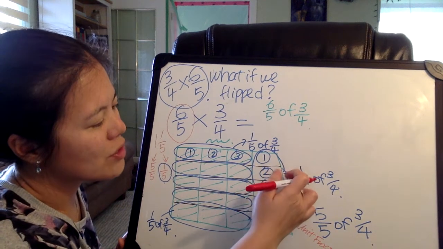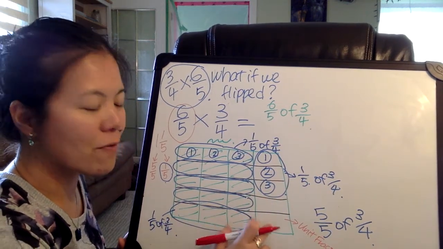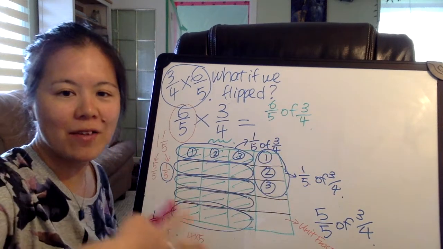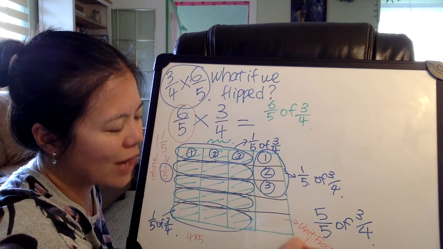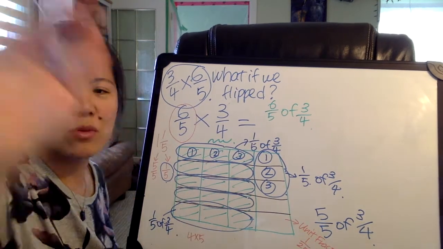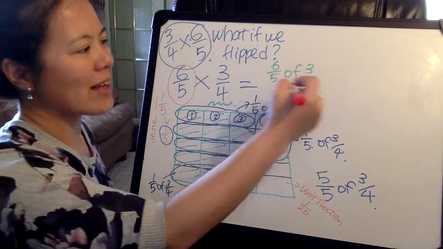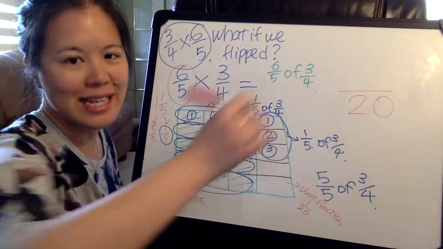I have 1, 2, 3, 4, 5 equal parts, and 1, 2, 3, 4 equal parts. So 4 times 5. I know that there are 20 units inside this whole, so the unit fraction is 1/20th. So the denominator for my answer is going to be 20.